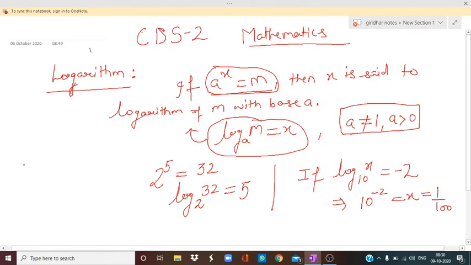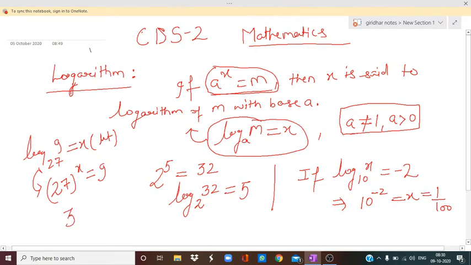Look at this, we have the question log 9 with base 27. So what would be the value? Suppose you take log 9 with base 27 as x. According to the logarithmic definition, change it into exponential: 27 to the power x, a to the power x equals m, and m is 9 here.